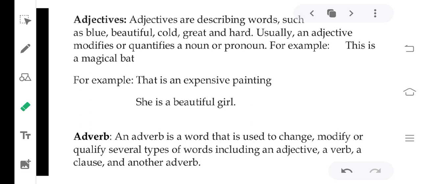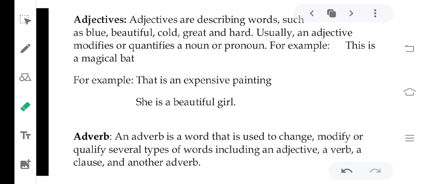For example, this is a magical bat. We can say this is a bat, but that is an ordinary bat. If you add this adjective to this sentence, that becomes a magical bat. These words are giving extra information about the noun.